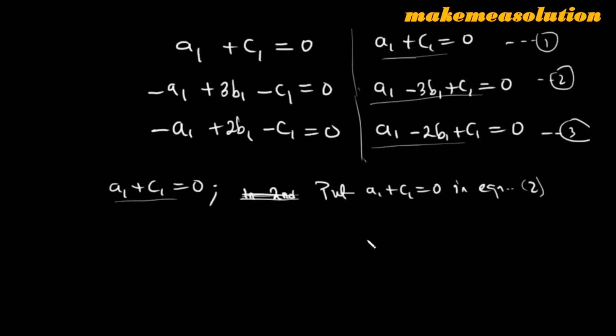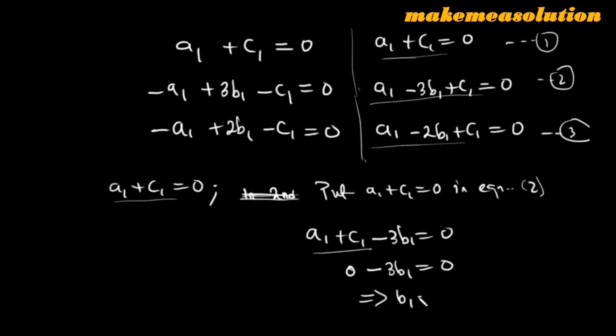In equation 2 you have a1 plus c1 minus 3b1 equal to 0. Since a1 plus c1 is 0, you have 0 minus 3b1 equal to 0. This implies that b1 is equal to 0 over negative 3, which is 0. So a1 plus c1 is equal to 0 and b1 is equal to 0.